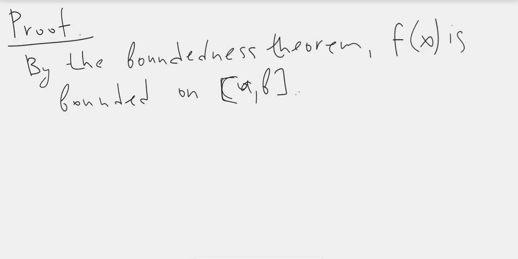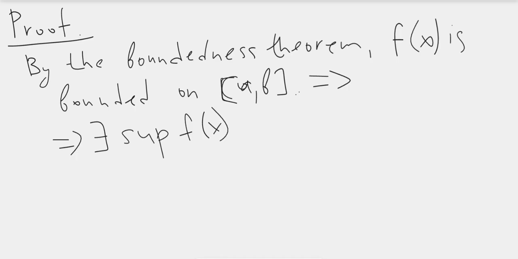So because it is bounded from above, there exists a supremum of the values of the function f of x, where x varies on the interval ab. Let's denote it by m.